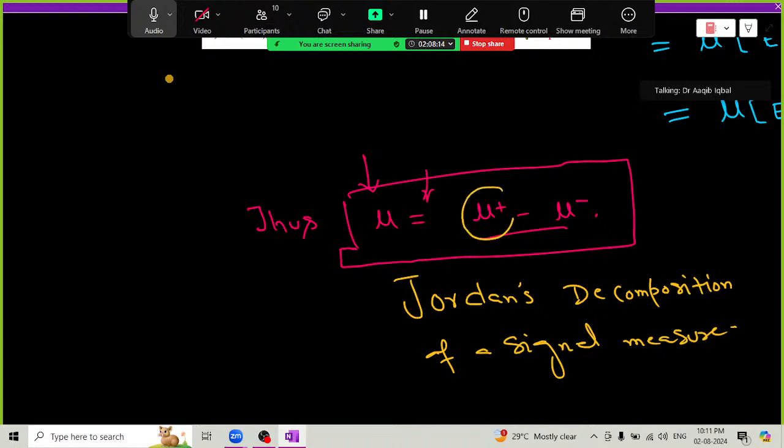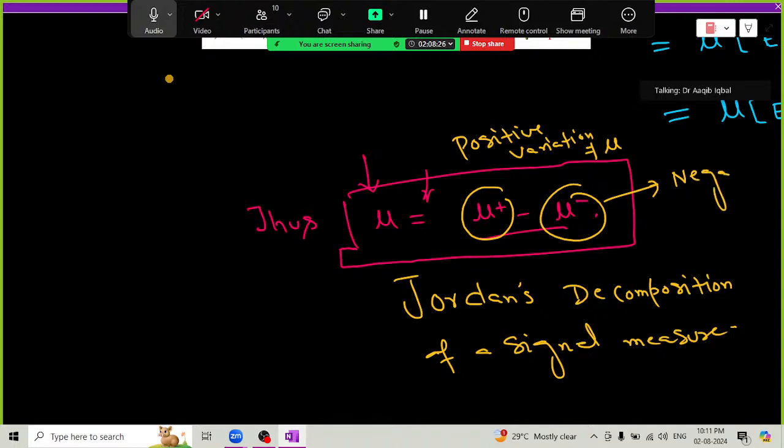Mu plus is called the positive variation of mu, and mu minus is known as the negative variation of mu.